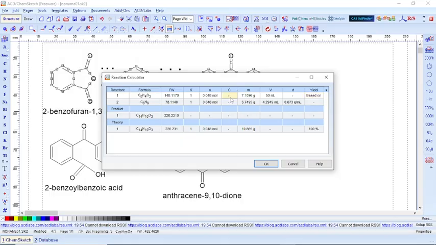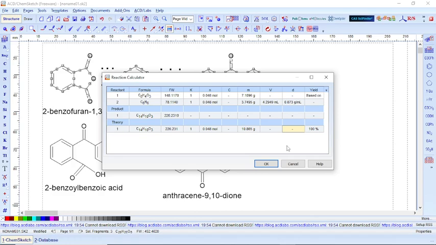Okay, it's not possible to do that. ChemSketch cannot tell you the amount of water you are going to use to dissolve your phthalate anhydride.